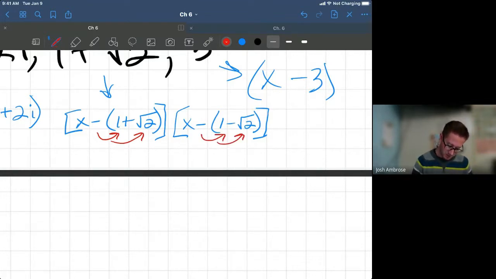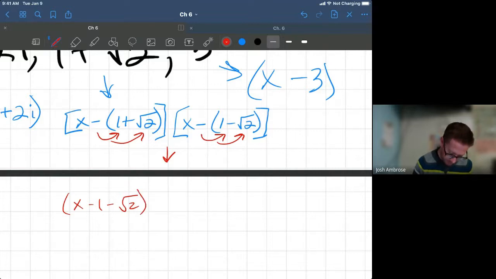And I'm going to show you what that works out to be right down here. Okay, so what we have now is x minus 1 minus radical 2, and then x minus 1 plus radical 2.